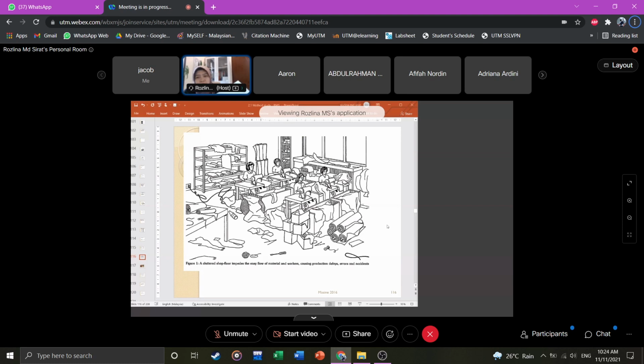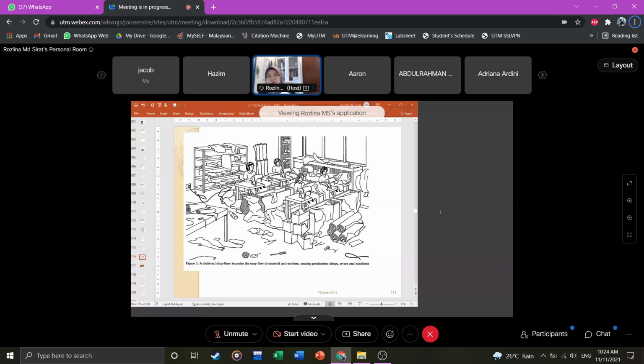Okay, which one? Blind movement. Okay, why do you relate it to blind movement? Bad workplace layout. Because of the bad layout.